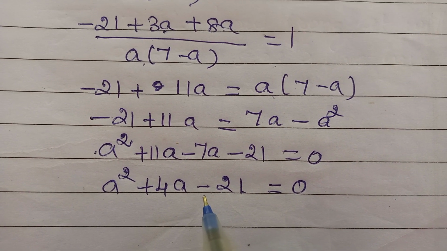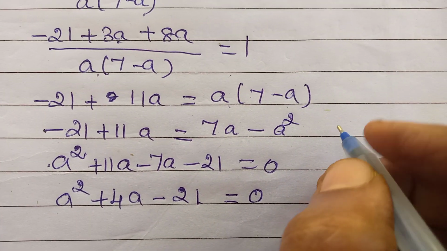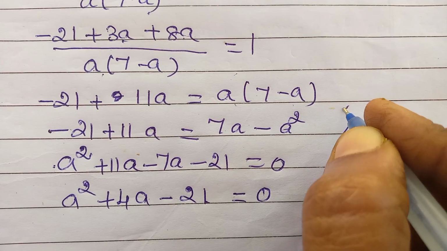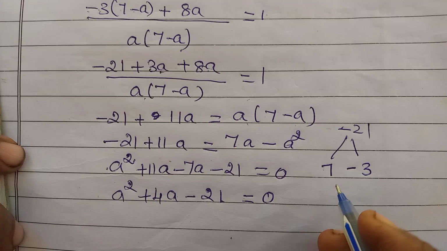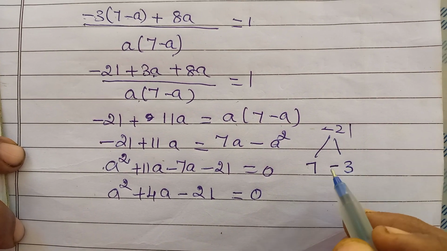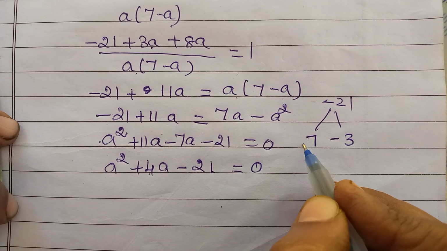Let us factorize it. So product is minus 21, sum is 4. Guess the numbers 7 and minus 3.